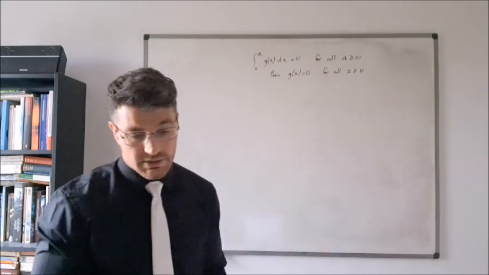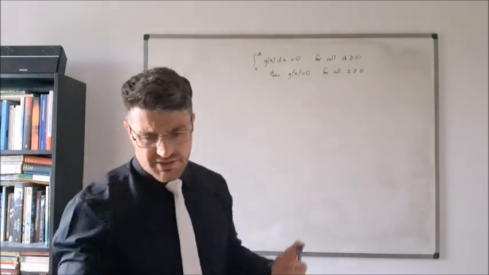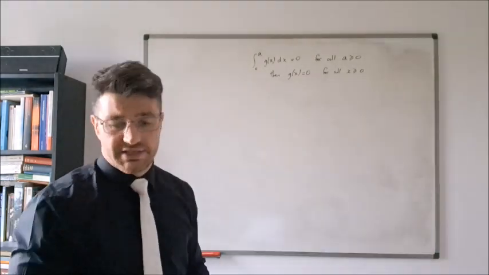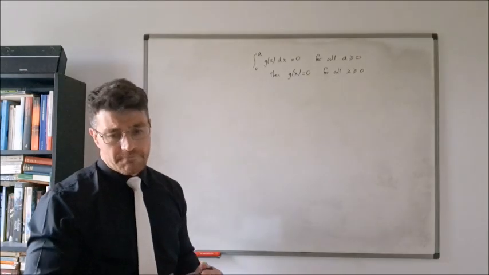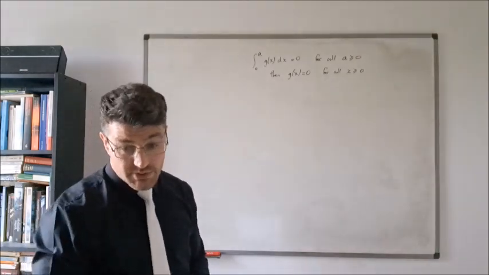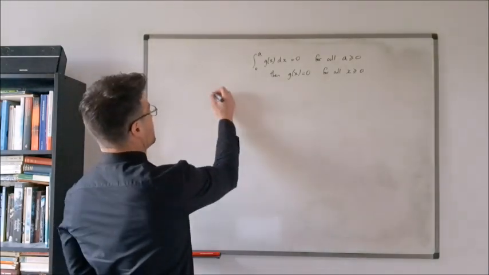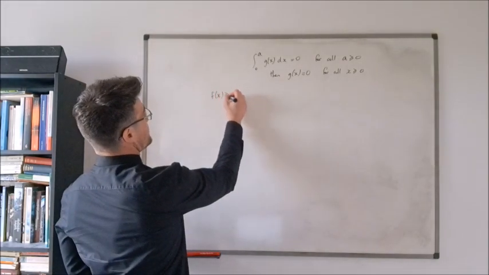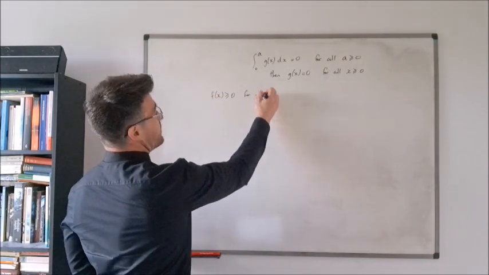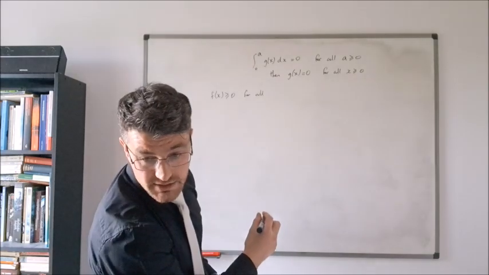Okay, so we're still on the same part of this problem, and then it says, let f be a continuous function with f of x greater than or equal to 0 for all x.